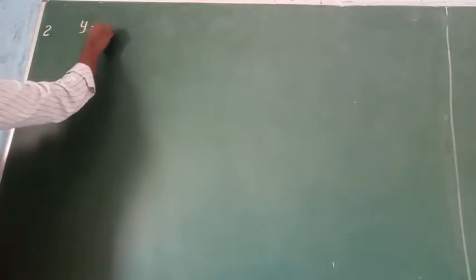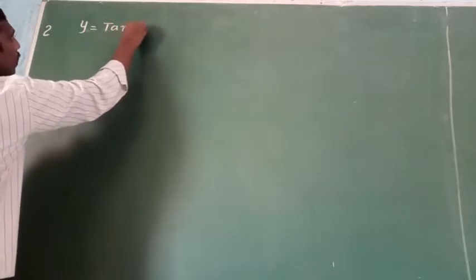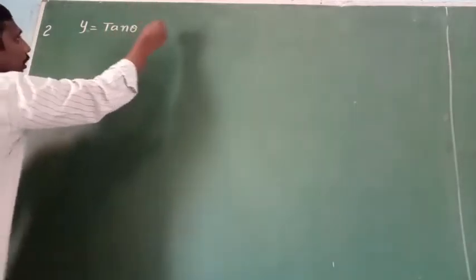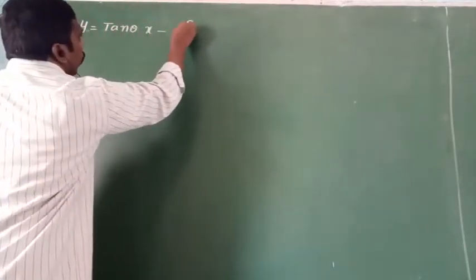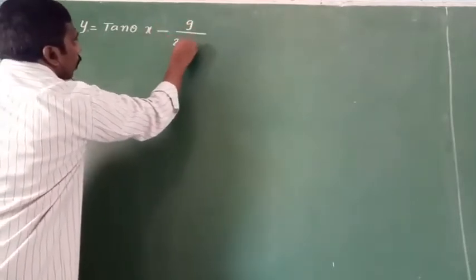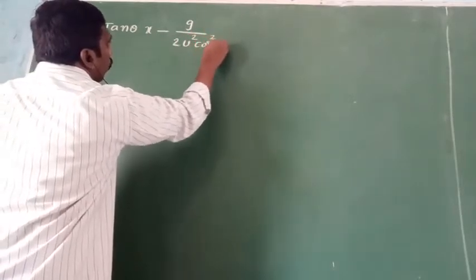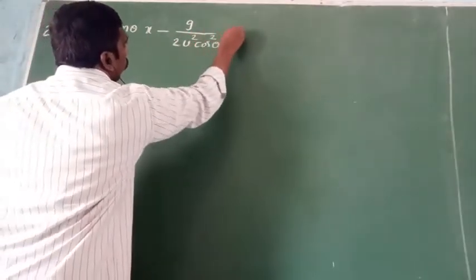In that equation, we got y is equal to tan theta into x minus g by 2u square cos square theta into x square.